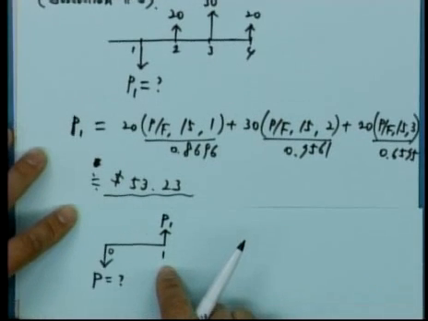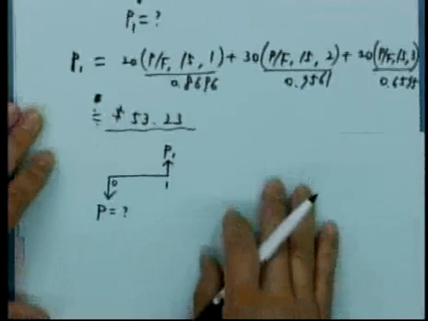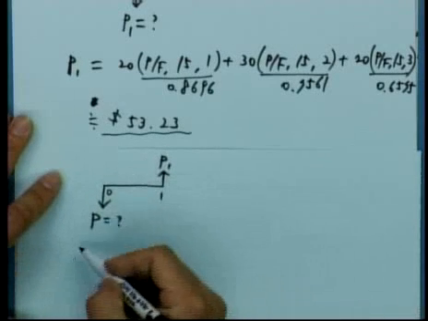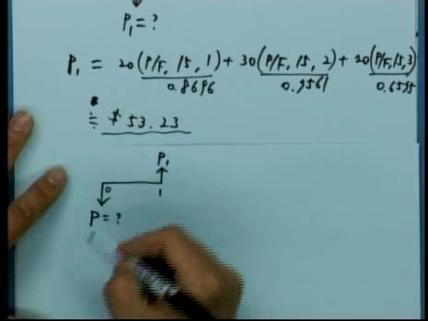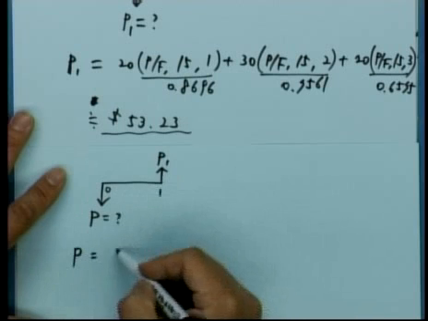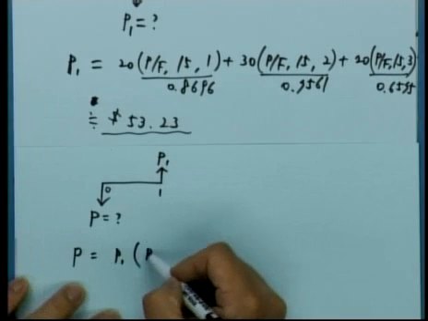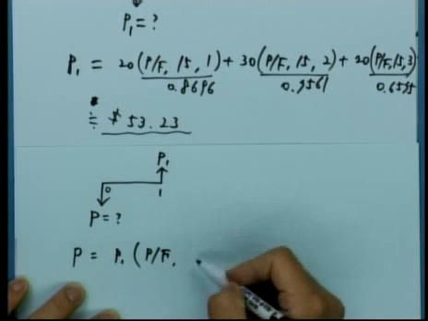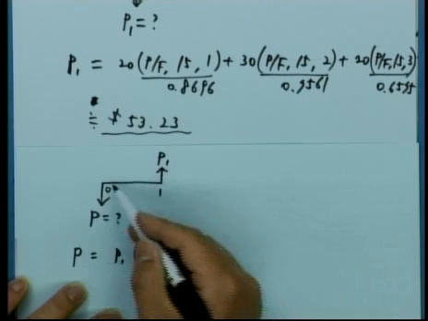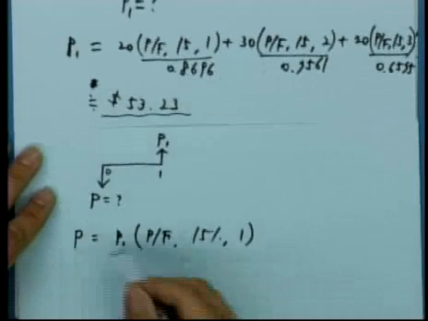Okay. So here P equals P1 times (P given F, 15%, period 1), right?